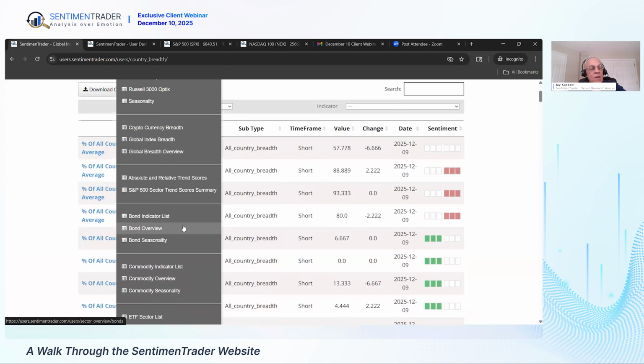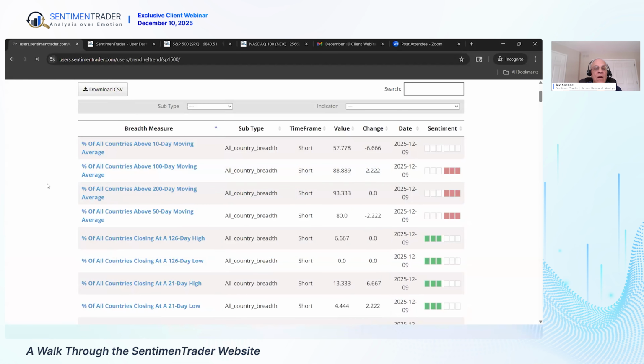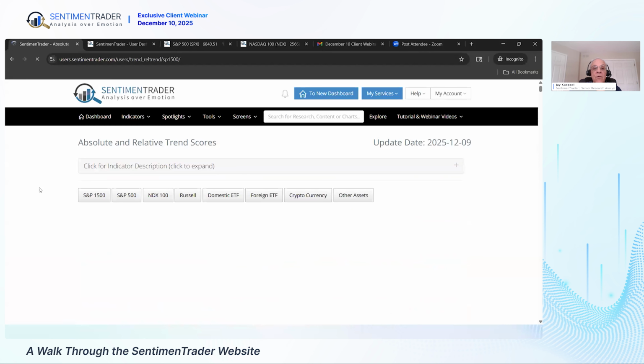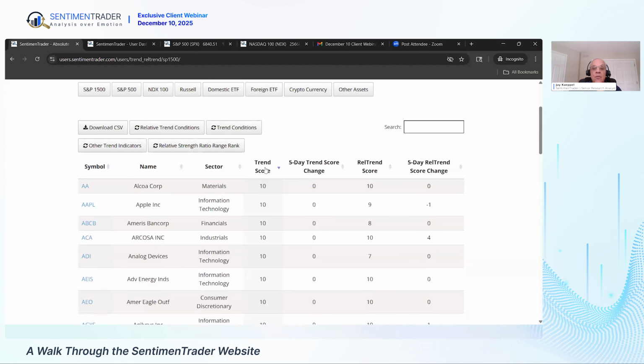And then let's see here, trend scores, absolute and relative trend scores. If you're a momentum trader, you'll probably spend a lot of time here. This is looking at basically all stocks. This list is alphabetic, but looking at trend score, relative trend score.